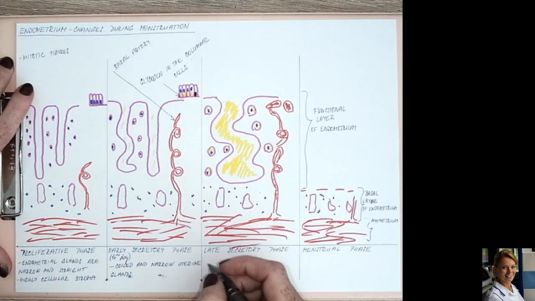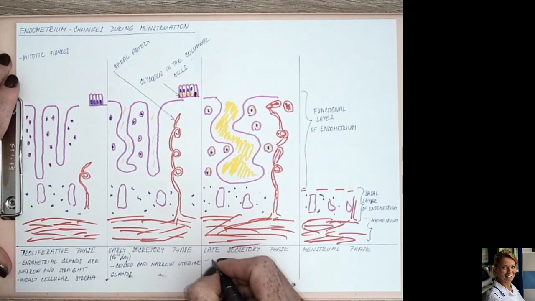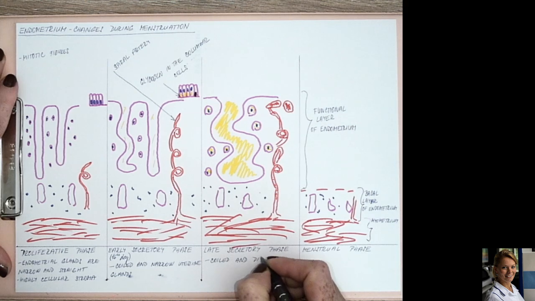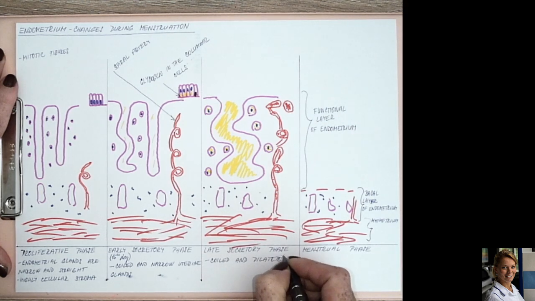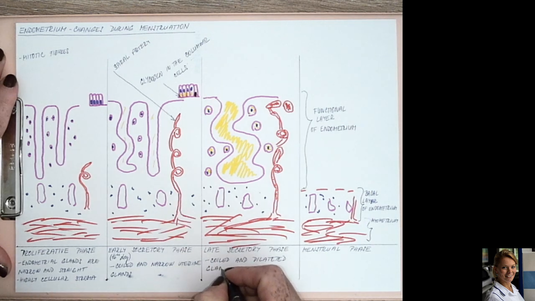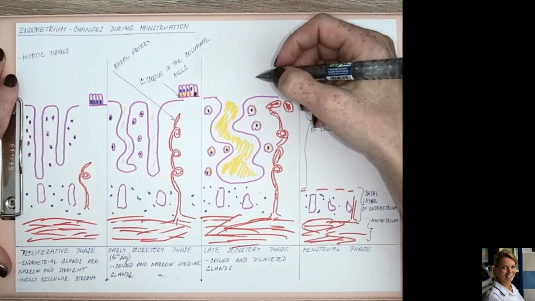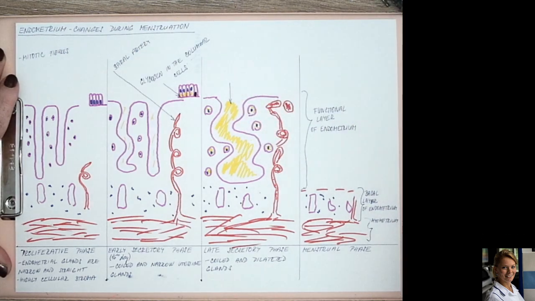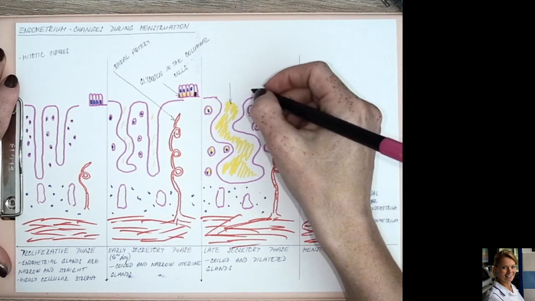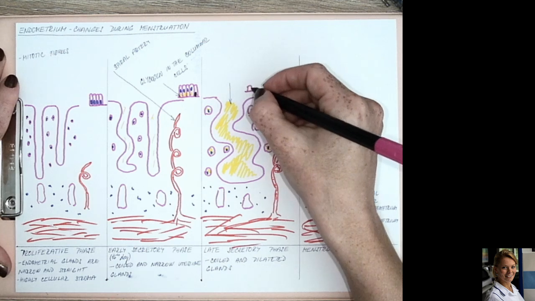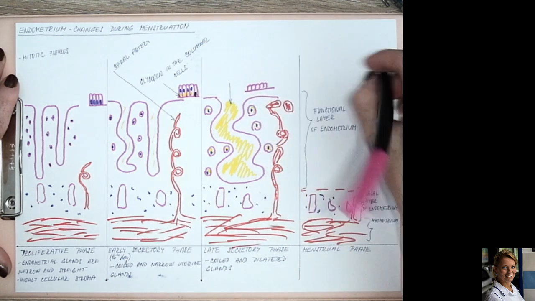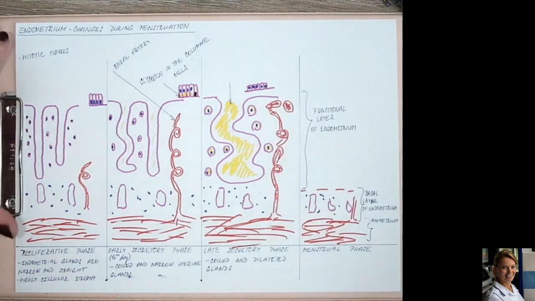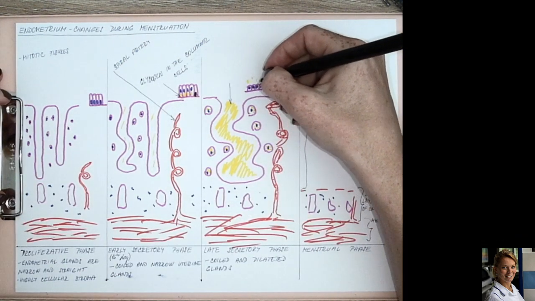In the late secretory phase, the coiled and dilated glands. Glycogen is also in the lumen of these glands, and the epithelium is low columnar or cuboidal because the glycogen is released from these cells into the lumen.